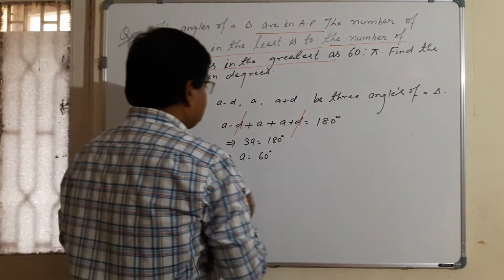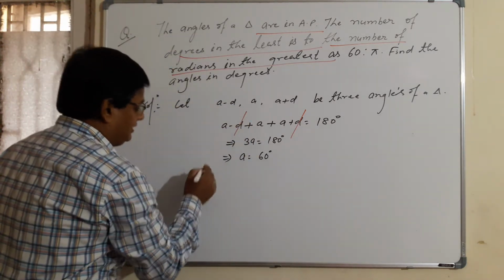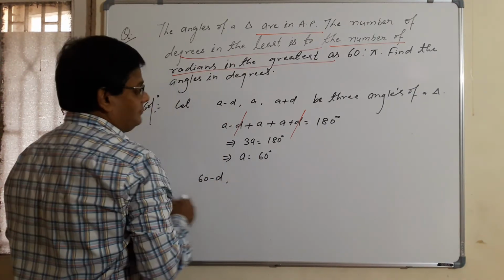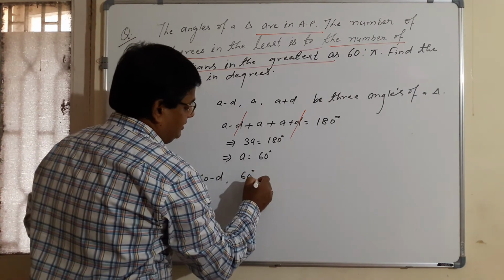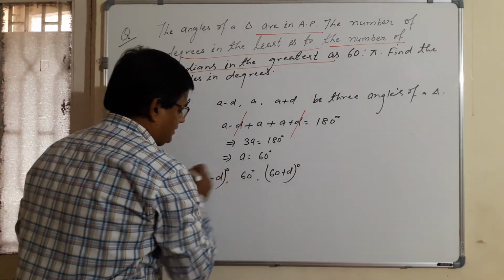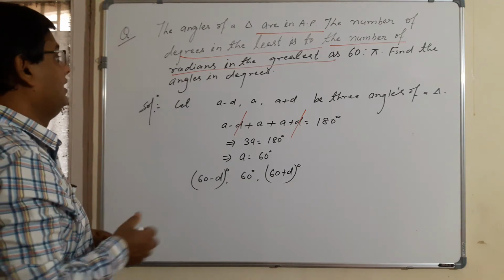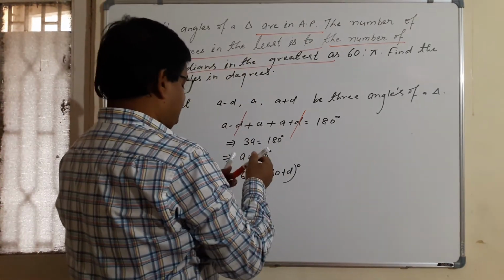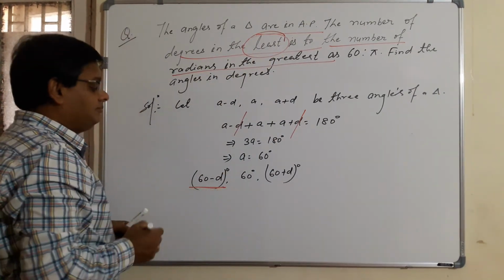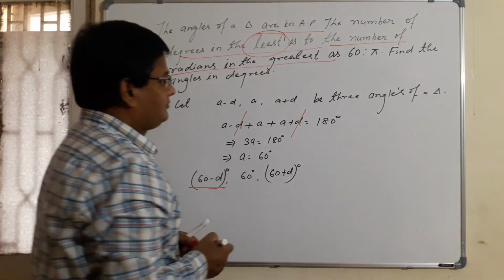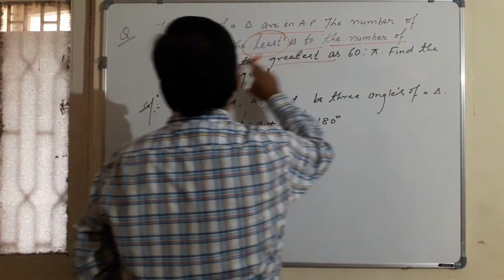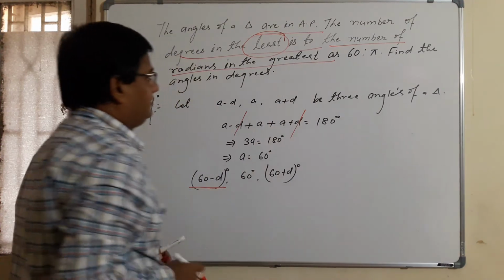Now I am putting here 60 degree, the value of A. So 60 minus D degree, 60 degree and 60 plus D degree. Now see here, degrees in the least. So least is our 60 minus D degree. The number of degrees in the least is to the number of radians in the greatest.